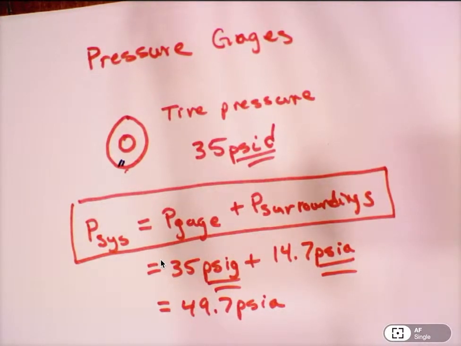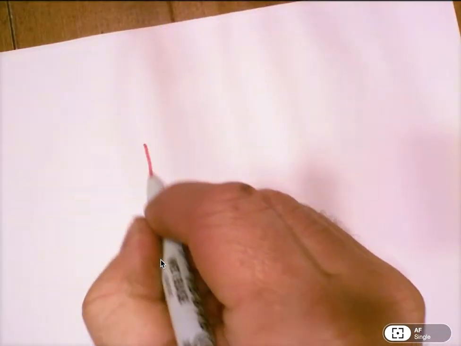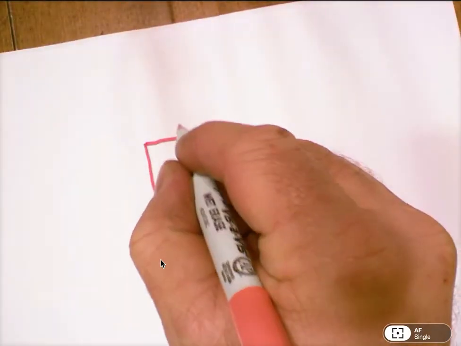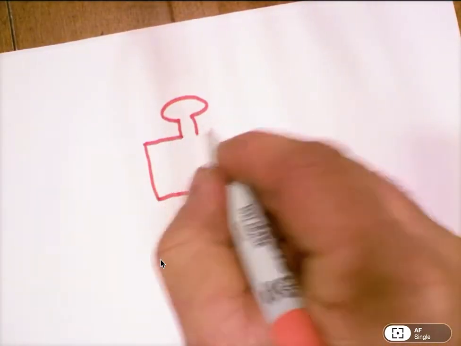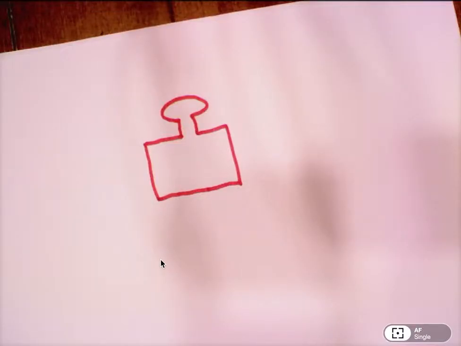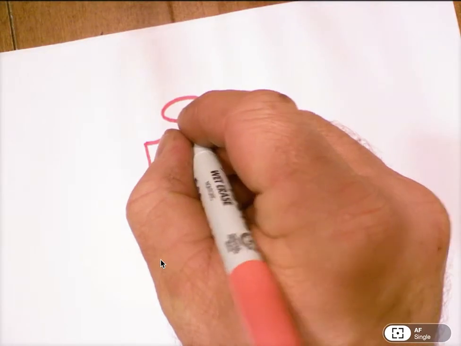All right, so let's take a look at an example. So I've got a system, and the system is the stuff that goes inside the gauge. So I've got a gauge here.